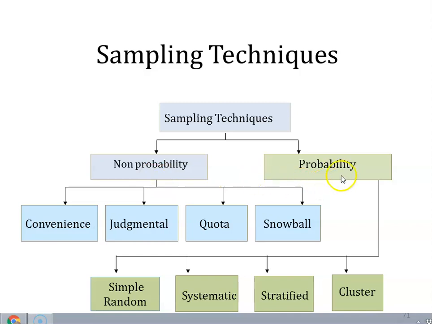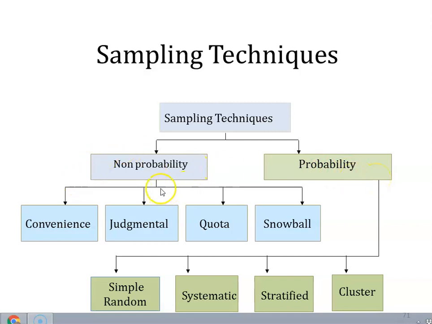On the opposite, probability sampling is one where you can ascertain the probability of an individual in your population to be included in your sample. And there is equal probability of every individual in your population to be included in your sample.